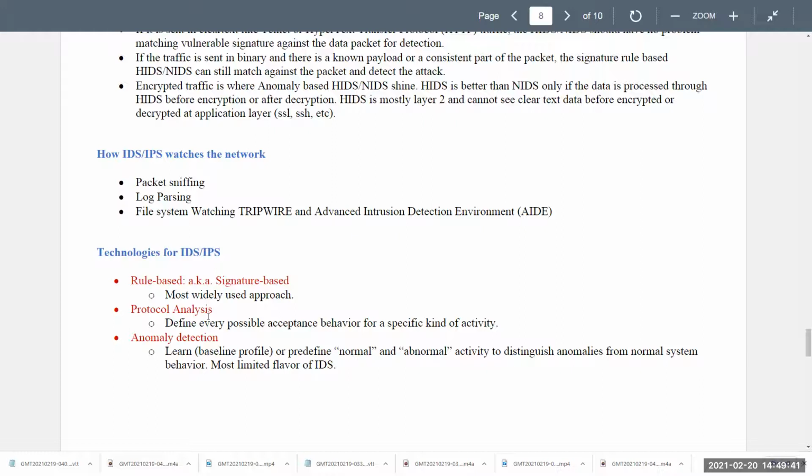And the other one is protocol-based, protocol analysis. See if the communication between the server and the client complies with the protocol rules. Sometimes the attacker will use illegal packets that violate the protocol rules.